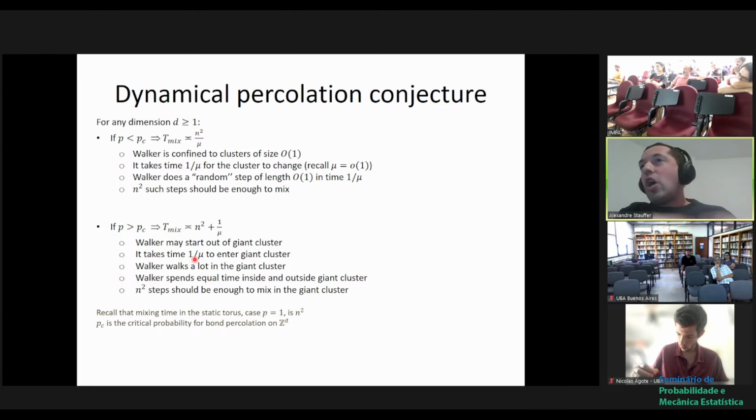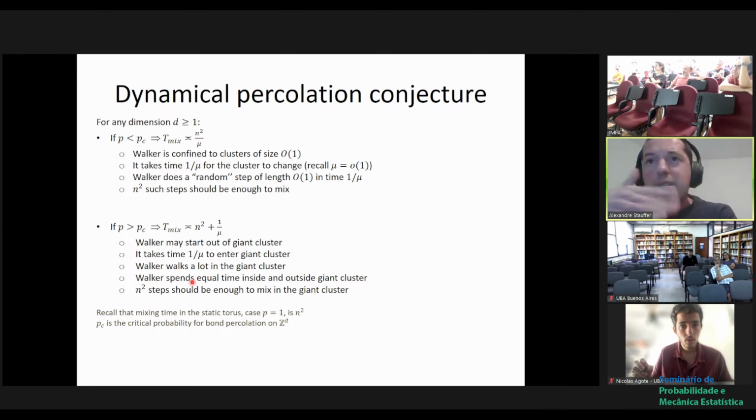Then the walker can walk a lot in the giant component, and you can expect that the mixing time will be dominated by the number of steps where the walker really enters the giant and can walk a lot. A simple calculation shows that the walker spends an equal amount of time inside and outside the giant component. It's going to spend about 1/mu outside, but it walks a lot in the giant.